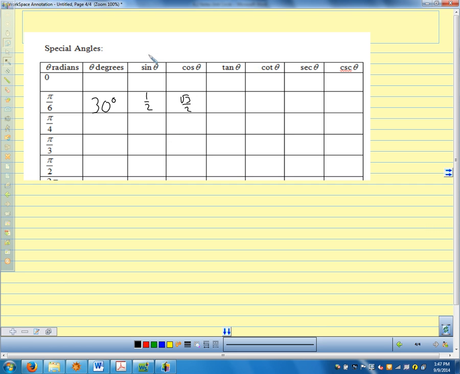Remember this is y, x, y over x, x over y, 1 over x and 1 over y. Tangent, y over x: 1/2 divided by the square root of 3 over 2. When I divide fractions, what do I do? Multiply by the reciprocal.